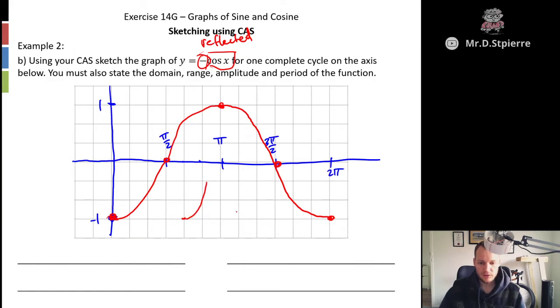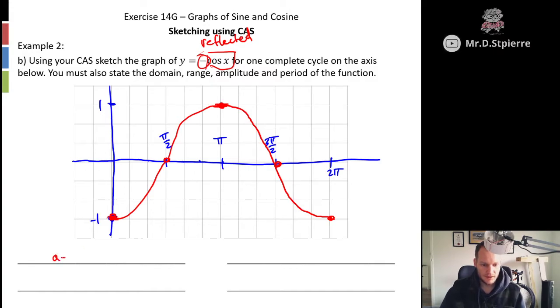Just like a quadratic, we don't normally draw a quadratic in a V shape. We come down, have a nice flat part, and back up. Same with sine and cos. We want that nice flat part at the key point, up the top there and down the bottom.